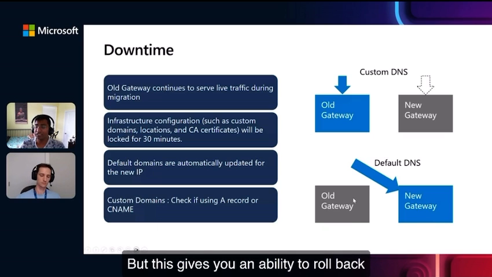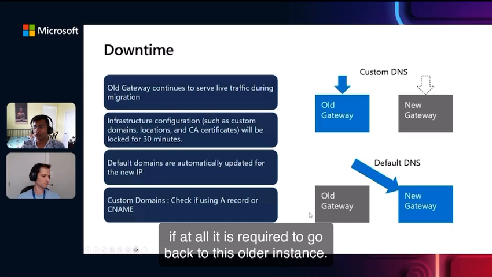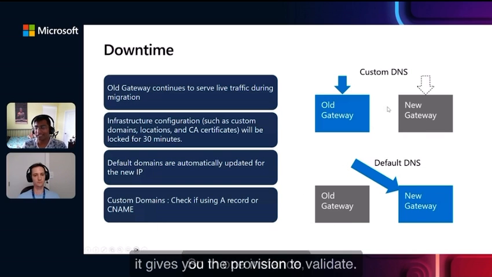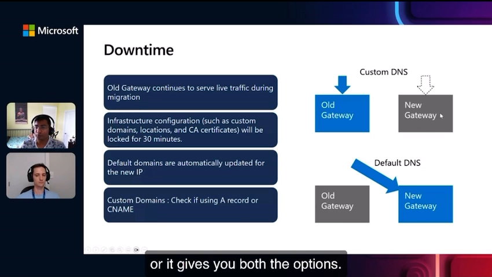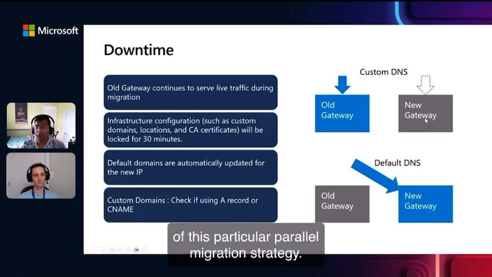But this gives you an ability to roll back if it is required to go back to the older instance. So in one instance, it gives you the provision to validate; in the other, it gives you the benefit of rollback, or it gives you both the options. That's the beauty of this particular parallel migration strategy.